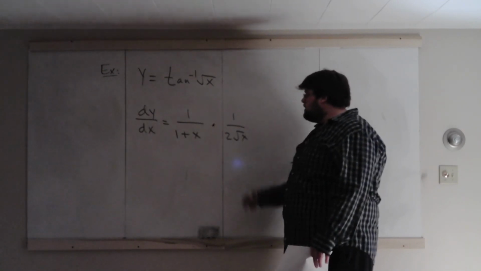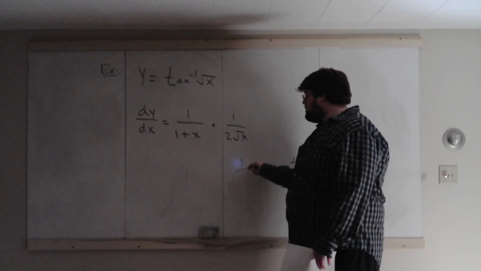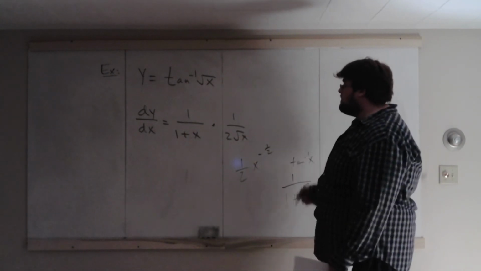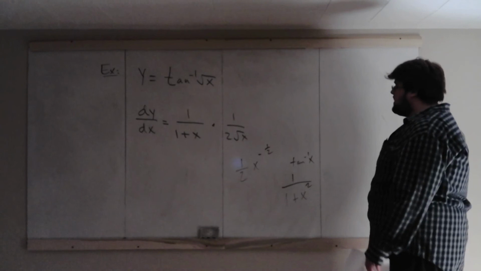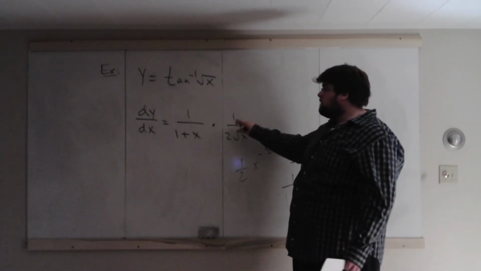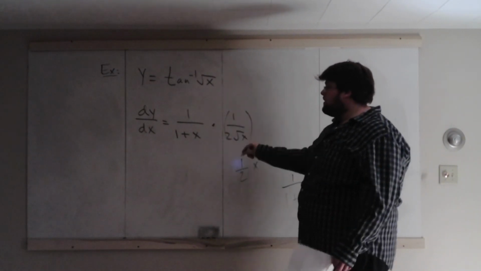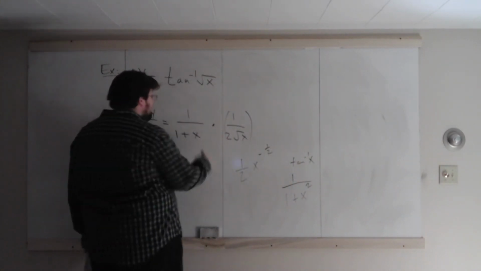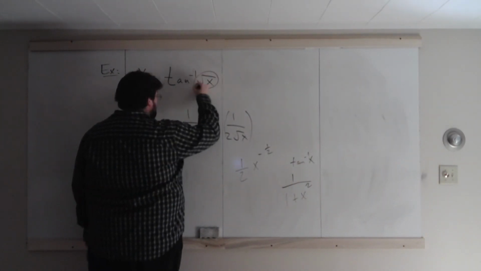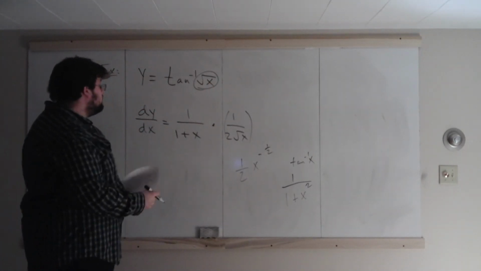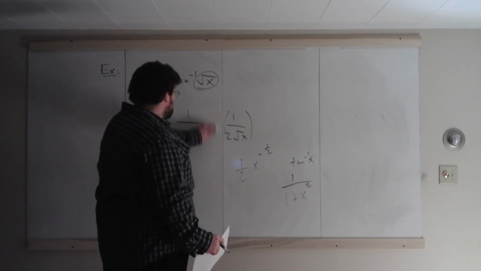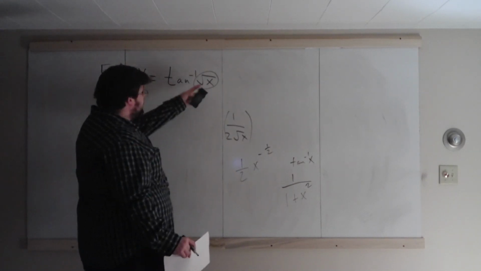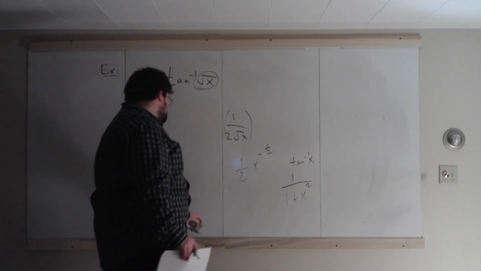The derivative of the inside, I did the shortcut. That's x to the half, so the derivative of the inside is half x to the negative half, which I just wrote like that for this example. You could have written half x to the negative half instead of this piece. If you want, the u substitution would be let u equal that inside, so let u equal root x.